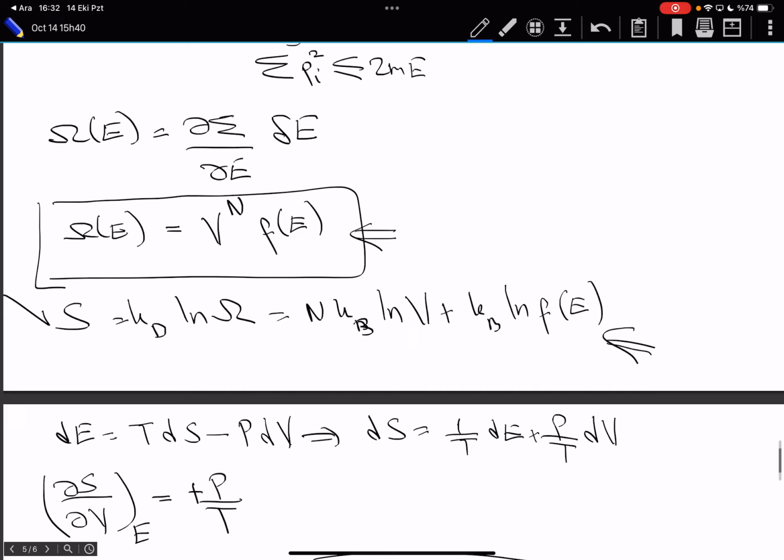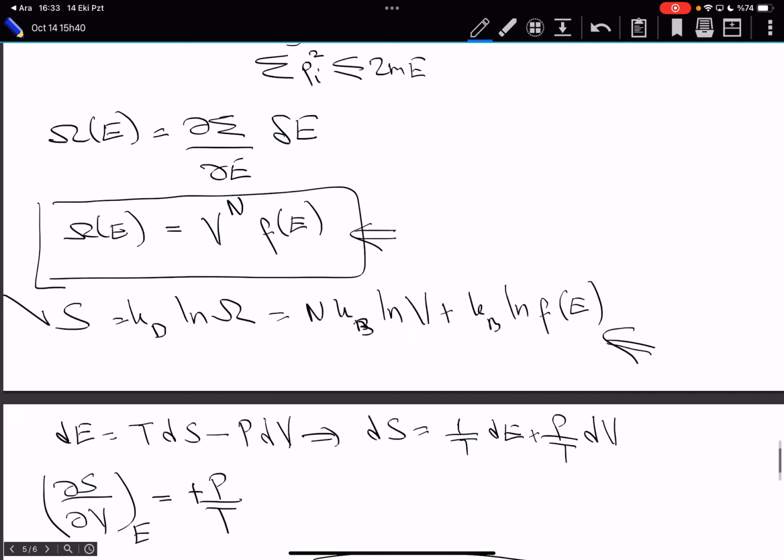Since we are fixing the energy, the number of microstates is just the number of ways we can distribute the energy among all the particles we have. If the energy of my system doesn't depend on the position of my particles, just shifting one particle from here to over there will not change the energy.